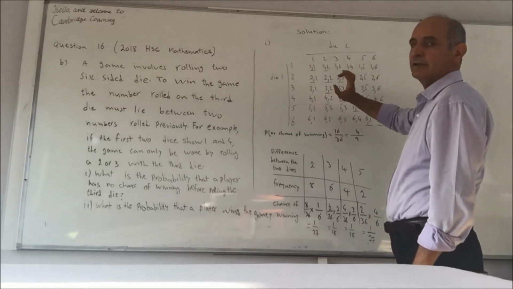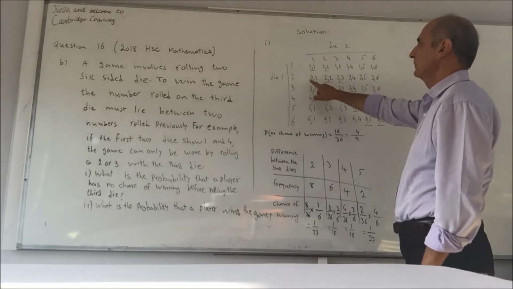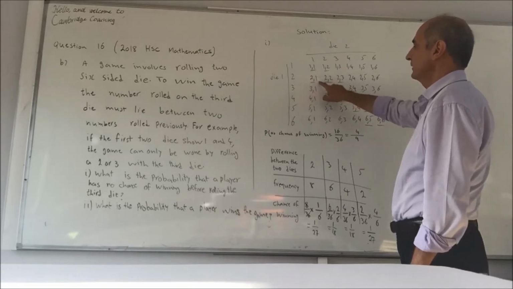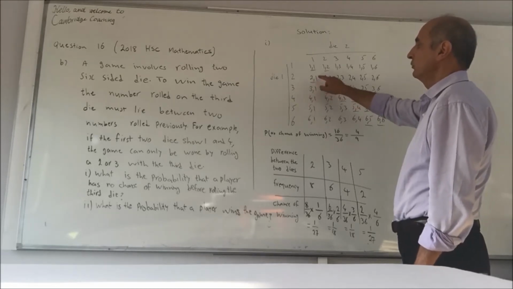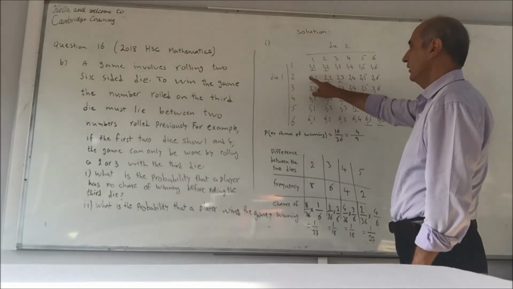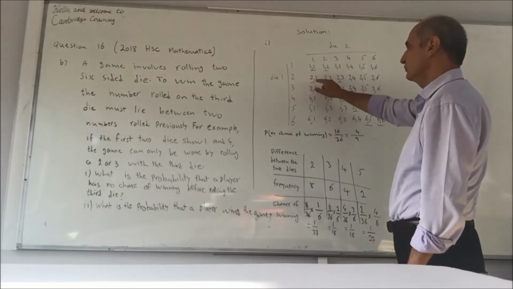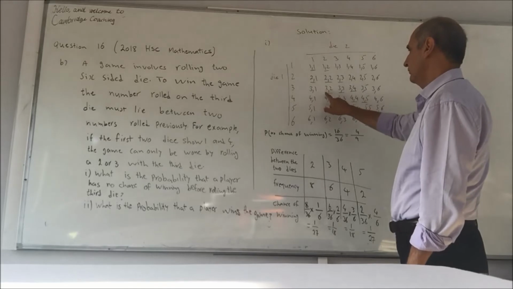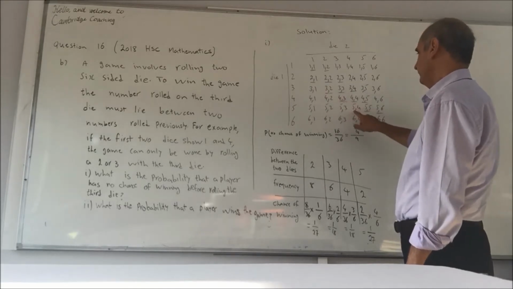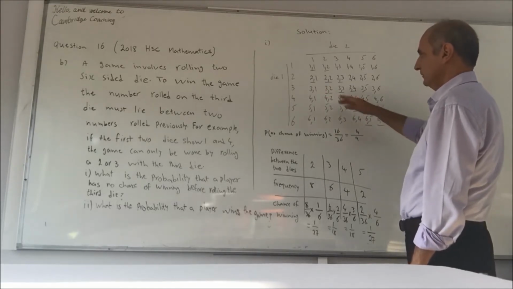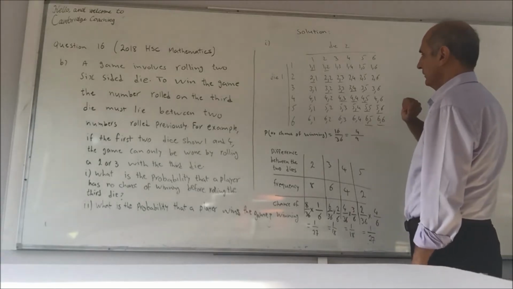Also, if the difference is only 1, for example, the first die is 2 and the second die is 1, again there is no number lying between 2 and 1, so I have no chance of winning. So 2,1; 3,2; 4,3; 5,4; and 6,5. These are all the cases.